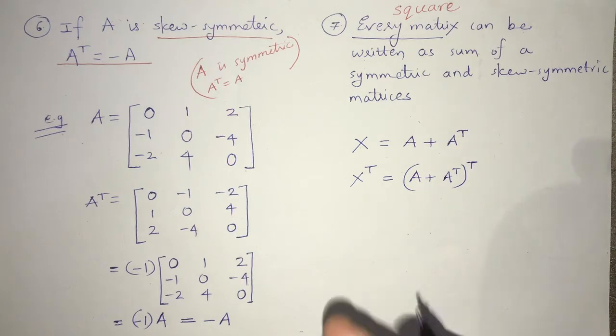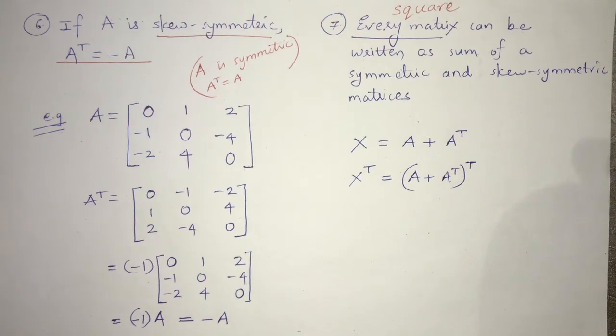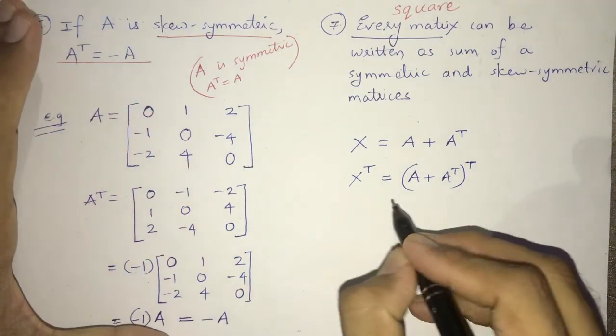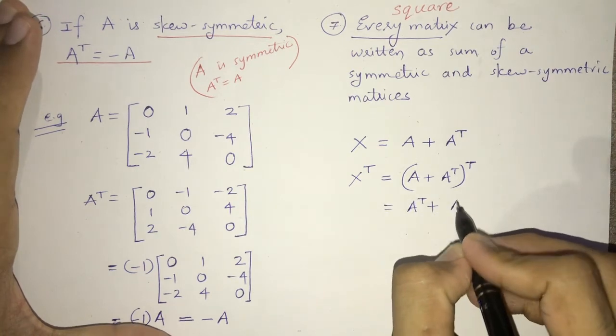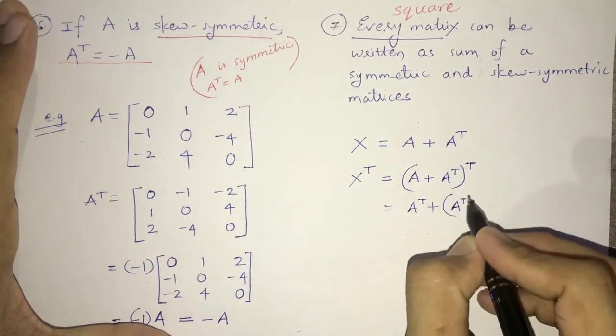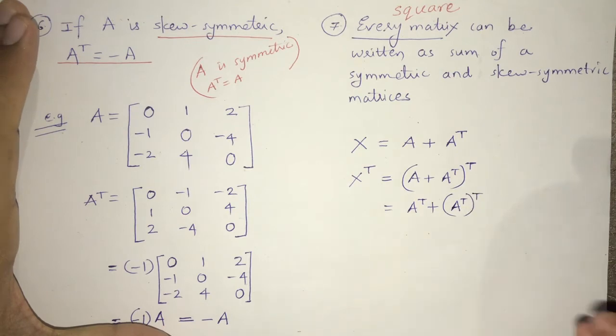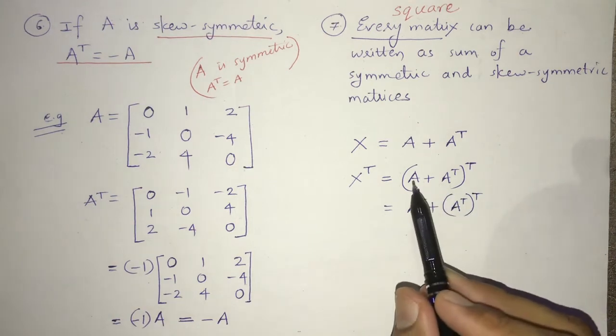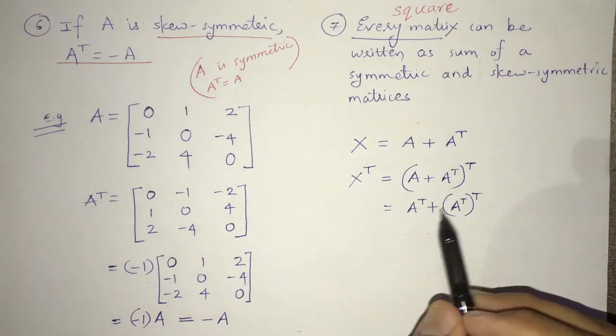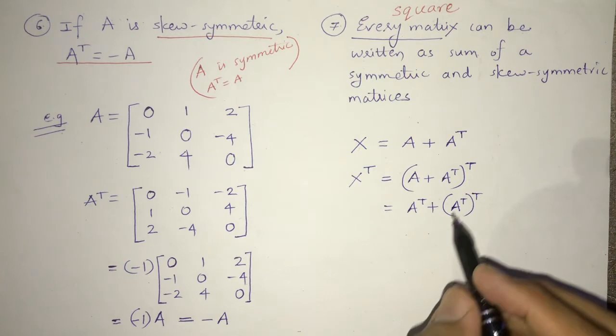Recently, in the previous video, we did that A plus B the whole transpose is A transpose plus B transpose. So I can take it as A transpose plus A transpose the whole transpose.